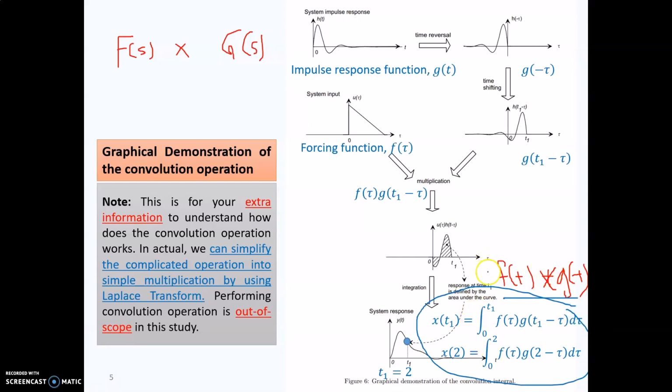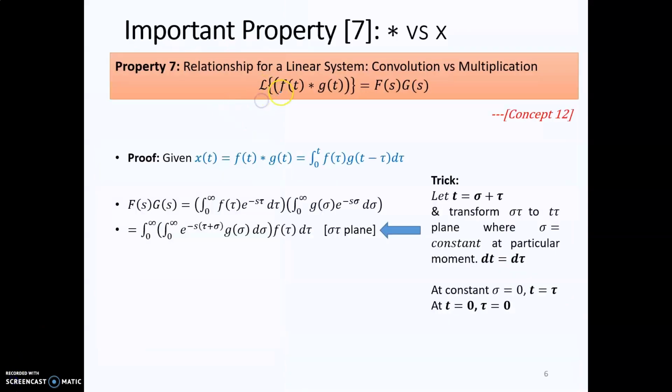In this study, the main focus is that you should know we can simplify the convolution operation into a simple multiplication when you take the Laplace transform. So in this property, if you take the Laplace transform of two functions in convolution, in your Laplace domain it will be just multiplication.